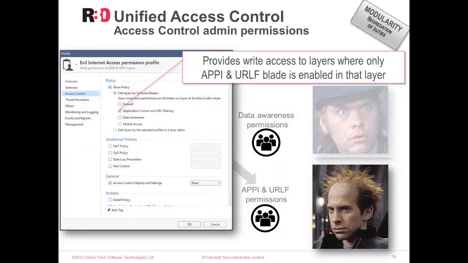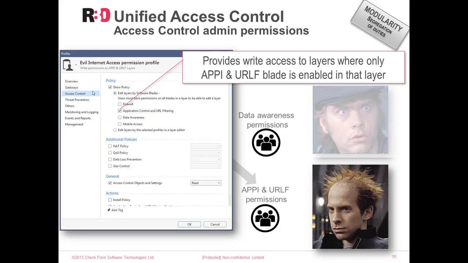So if we're looking at Scott Evil's permission profile, we have assigned permission to allow him to work with application control and URL filtering. So basically this means that we created a permission profile called Evil Internet Access Permission Profile.